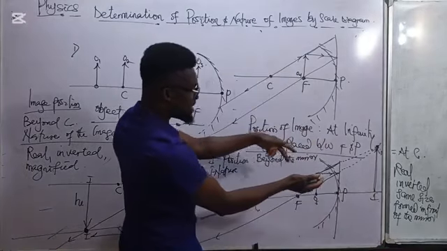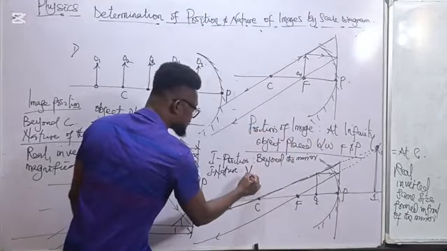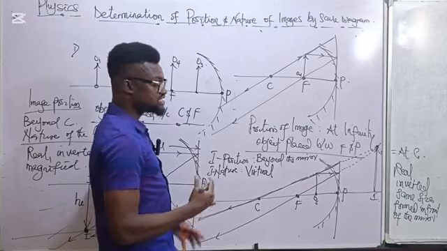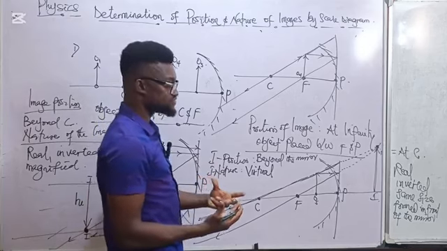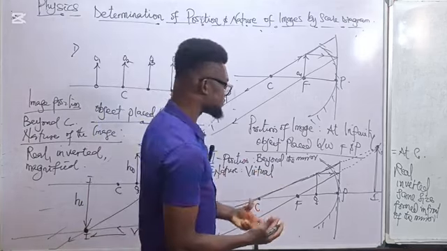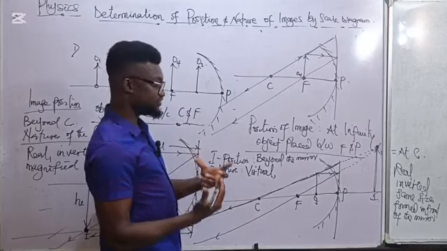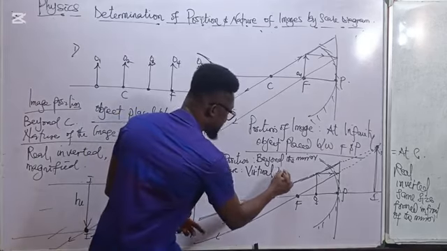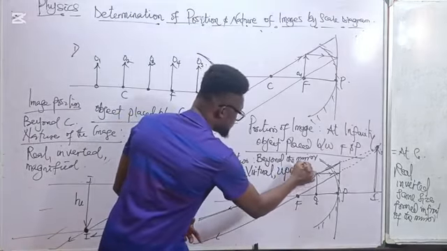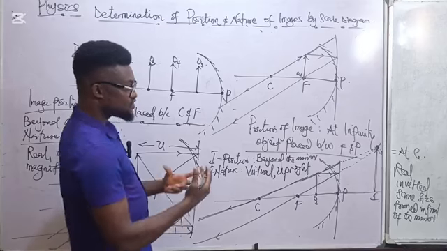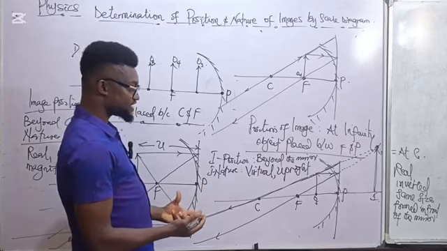It forms at the back of the mirror, which means it is not real, rather it is what? Visual. Okay? It is formed not by real intersection, rather by apparent intersection. So it is visual. Any image that is visual is said to be what? Upright. So it is visual, upright, or you say erect.